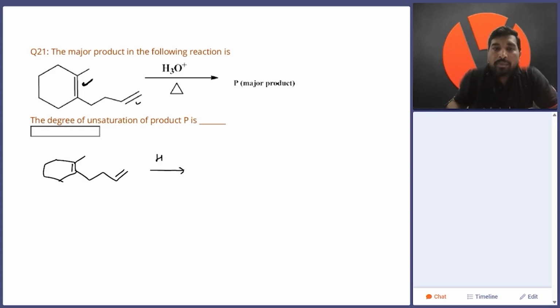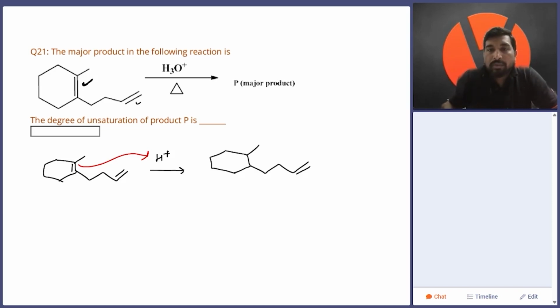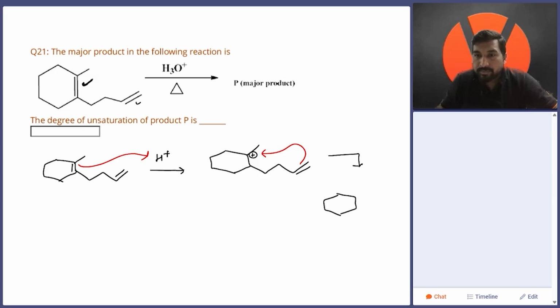How will it form? That is H plus. This double bond will attack on this ring and form this carbocation. And on this carbocation, this double bond will attack and form a ring, a 6-membered ring where the carbocation is here.